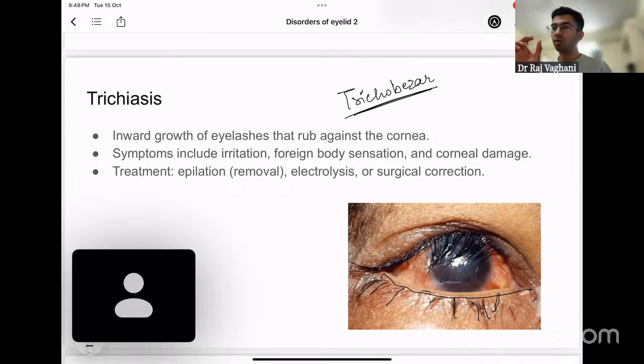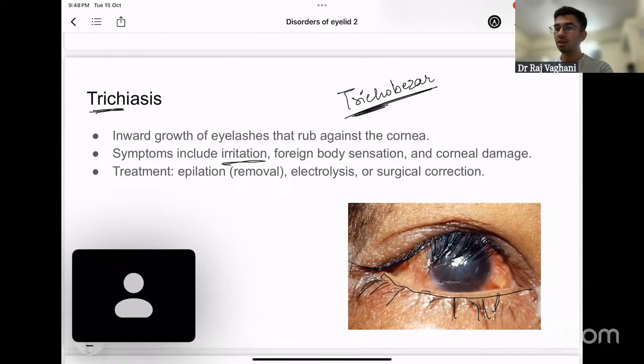The word trichia, tricho, that means it is related to hair. Okay, so it is inward growth of the eyelashes that rub against the cornea. And if it is rubbing against the cornea, that means your cornea will become inflamed. And if the cornea becomes inflamed, then it will cause irritation.